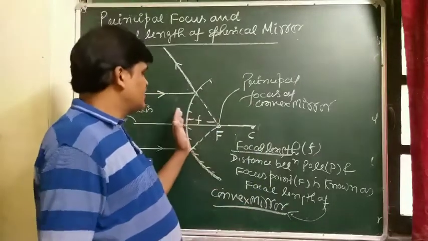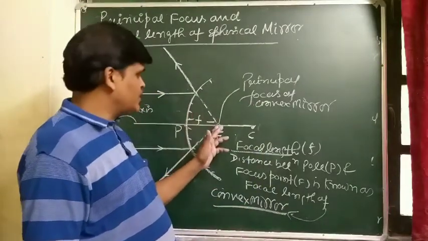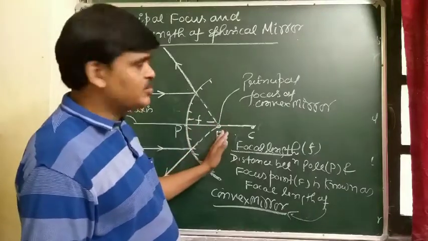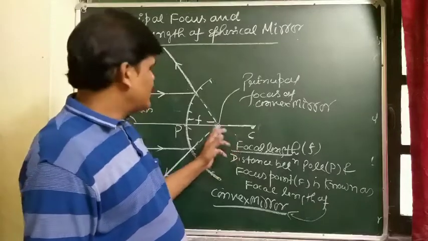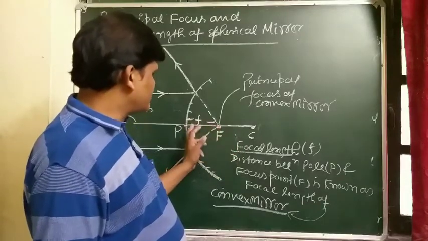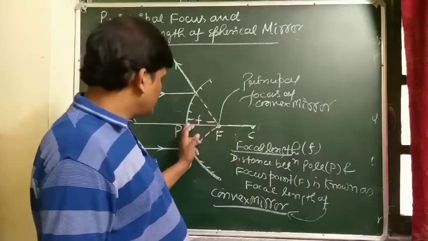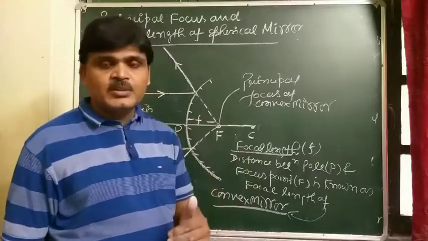And student, this focus point is on the right side of the convex mirror, so it is taken to be positive. And the focal length, which is also on the right side of the convex mirror, is also taken to be positive.